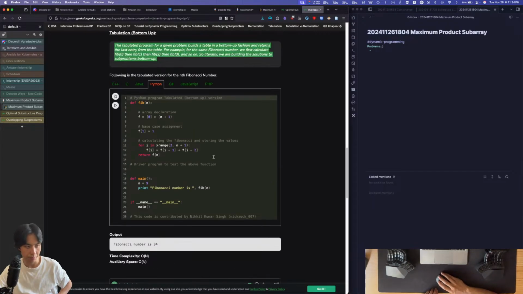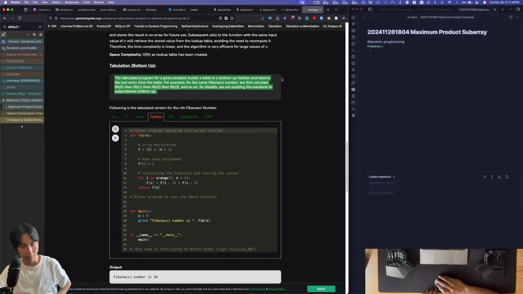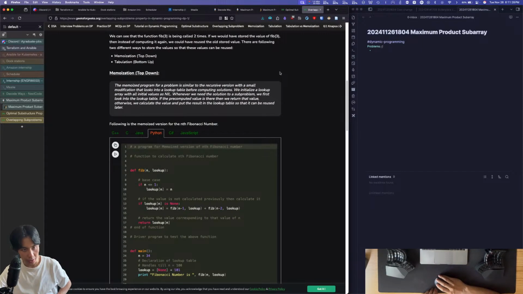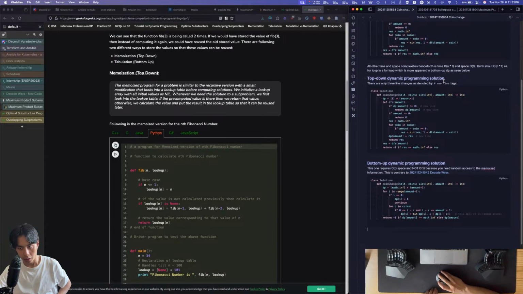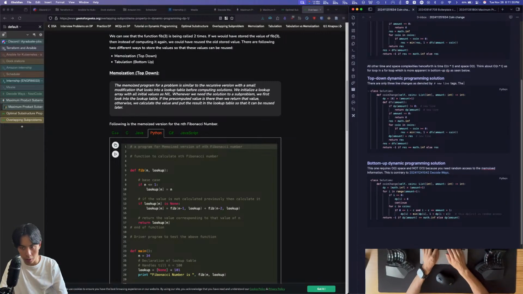Yeah, I see. Okay. I understand. So the technique that we use here, this DP is called memoization.